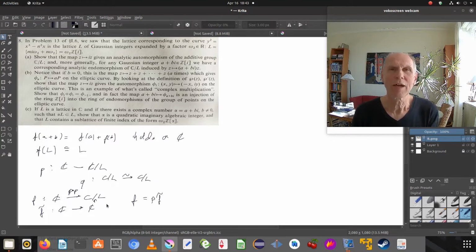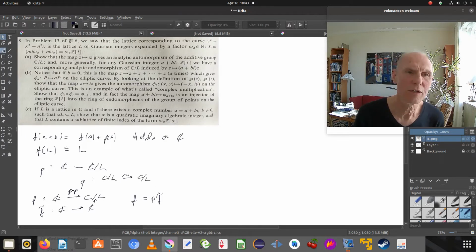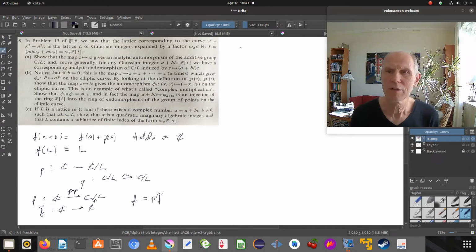So it's defined by a matrix, and to get the lattice mapped to the lattice, we need to have integer coefficients. So that means that F tilde must belong to GL2 of Z.